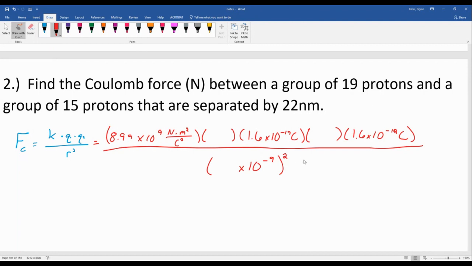But I want to show you, and the reason I've done all of this and left these blanks, everything that's in red right now is going to be exactly the same on this question all the time. The part that actually changes in the question is the number of protons, the other number of protons, and then the specific number of nanometers.